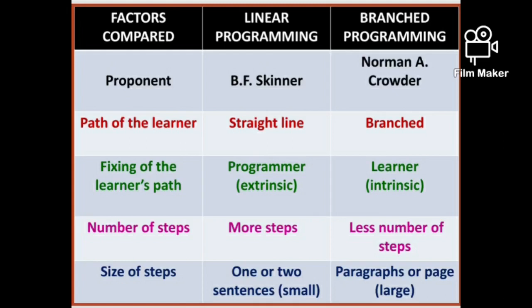Linear programming has more number of steps, whereas the number of steps is less in branched programming. The size of the steps is small, with one or two sentences, in linear programming. The branched program has large steps, usually a paragraph or even a page.